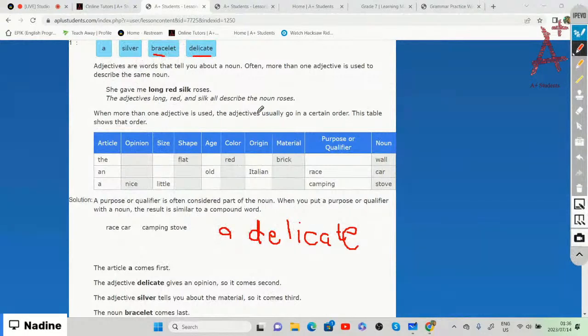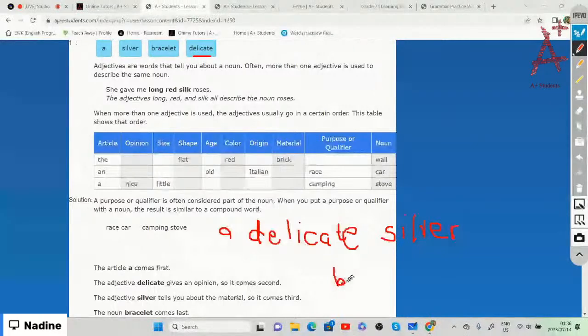The next one is silver. Silver tells us about the type of material that is used. And then bracelet. We put bracelet at the bottom.